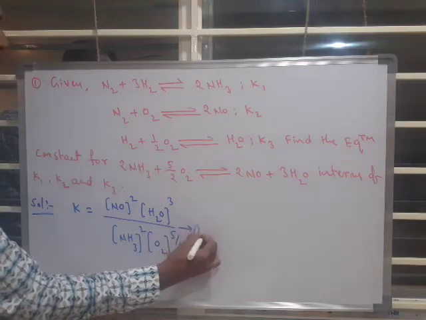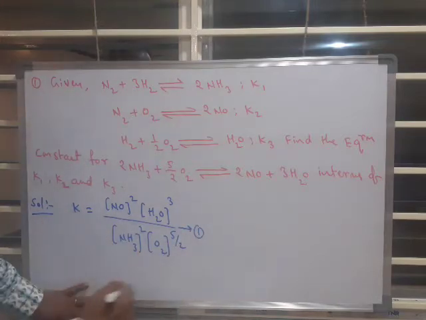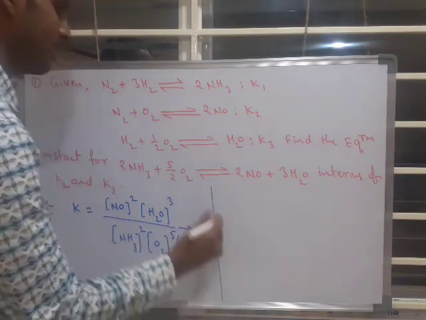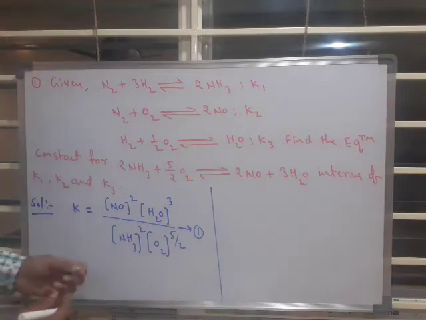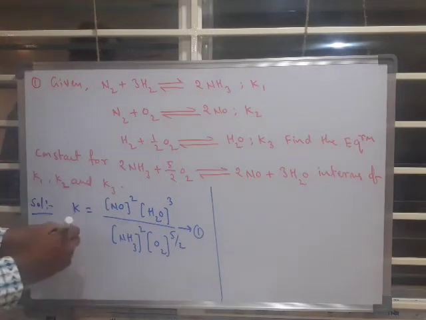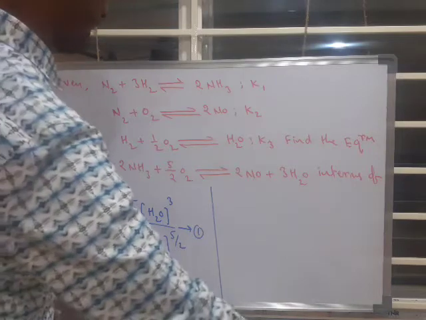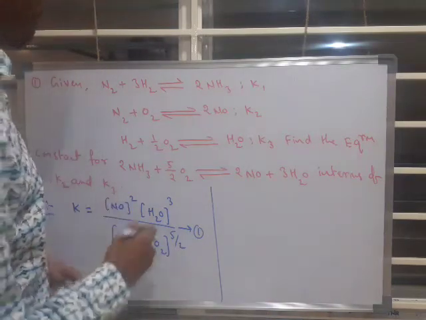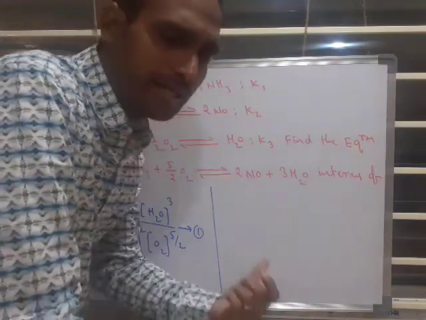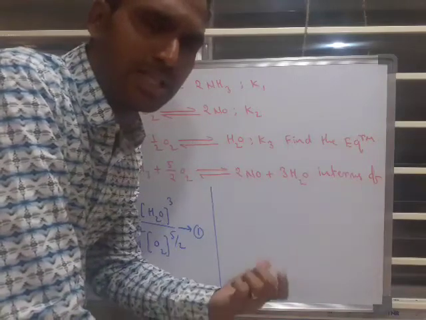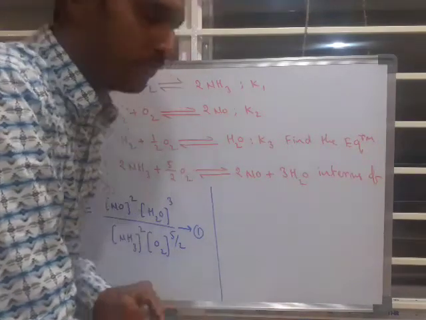So we have to find this value in terms of K1, K2, K3. For that we write K1, K2, K3, then multiply or divide them, with squares and cubes, and we will get it.